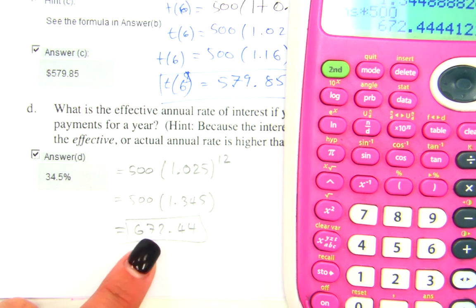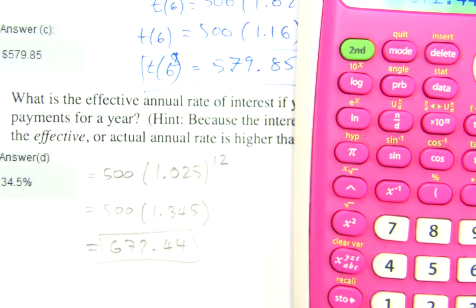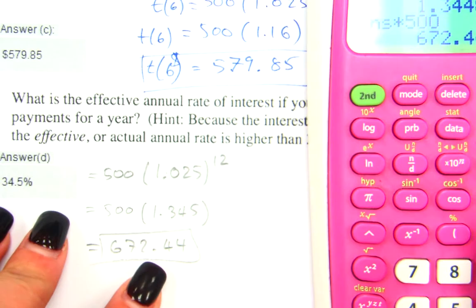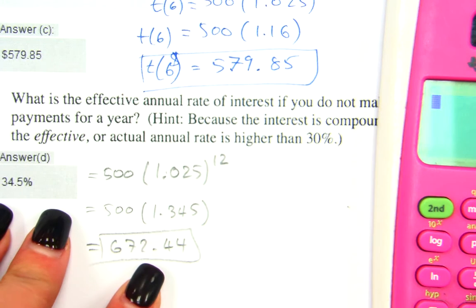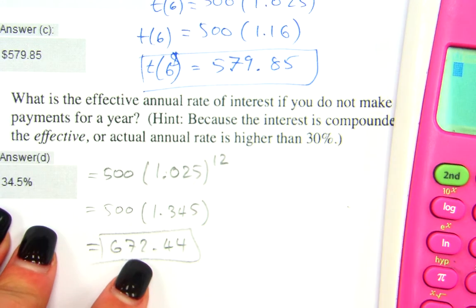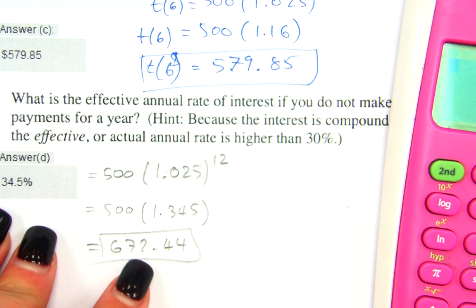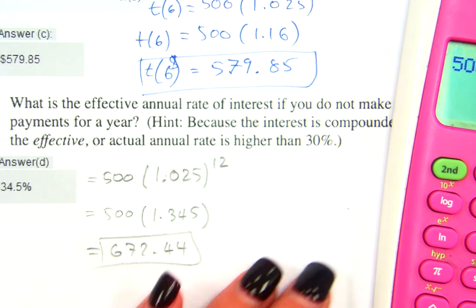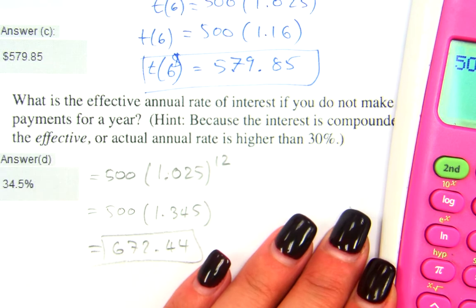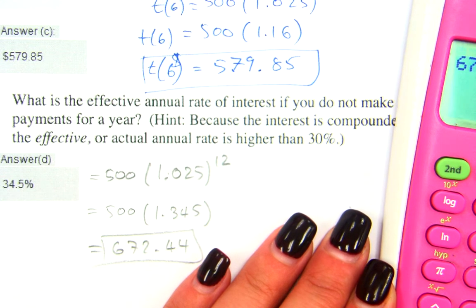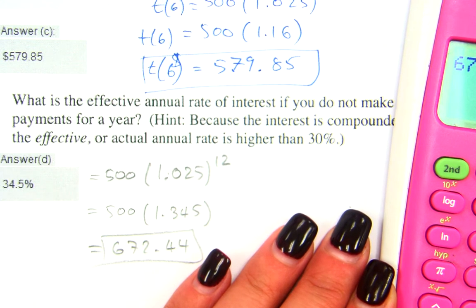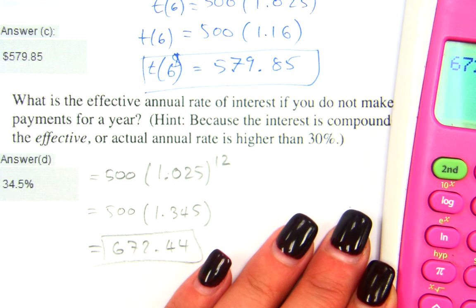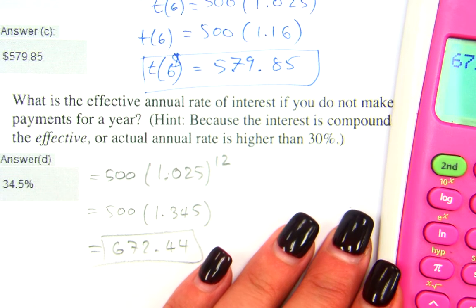So I'm like, okay, well, if this is how much you're going to have to actually pay after 12 months, what is the actual interest that it increased by? So usually what I would do is 500, let's see if this is right. 500 divided by 672.44. Let's see what I come up with. No, that's not it. 672.44 divided by 500. Because I don't know how they got the 34.5%.